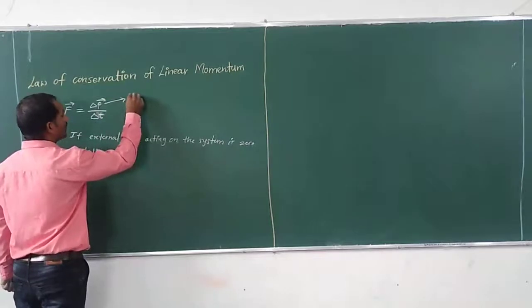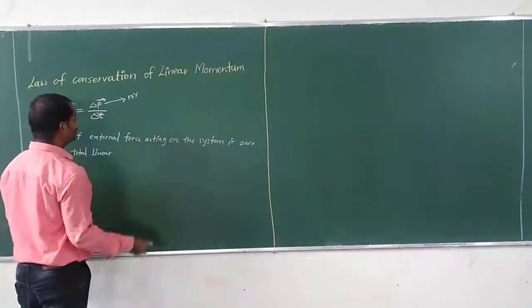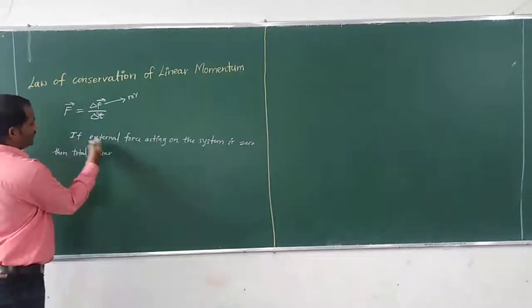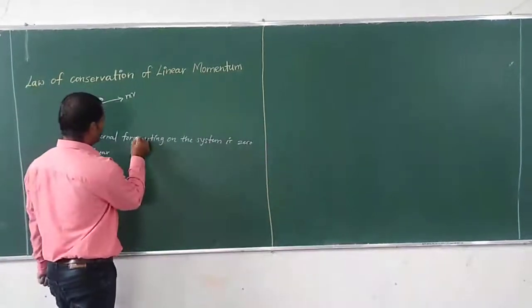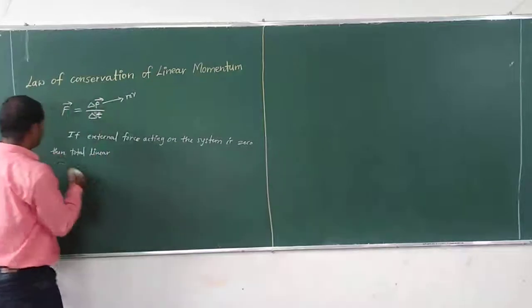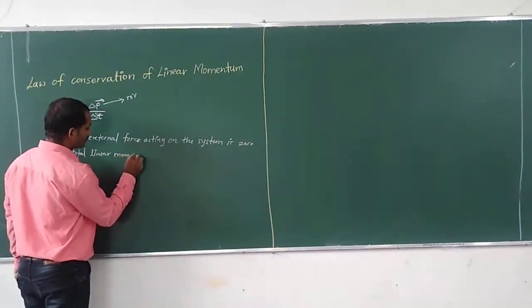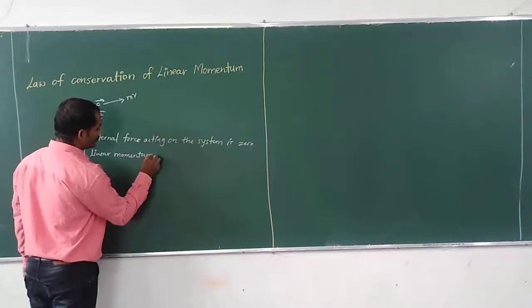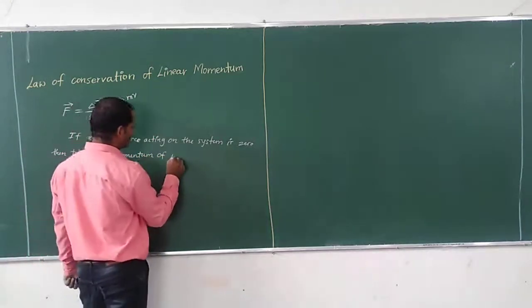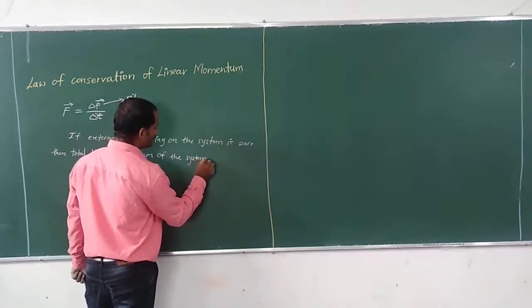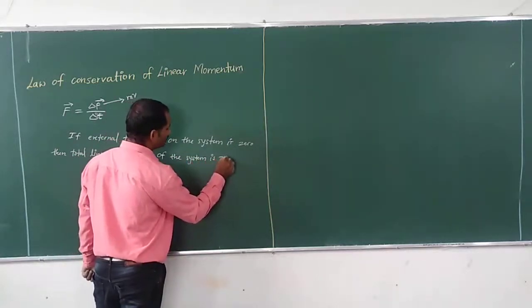P is equal to mv. So if external force acting on the system is zero, then total linear momentum of the system is zero.